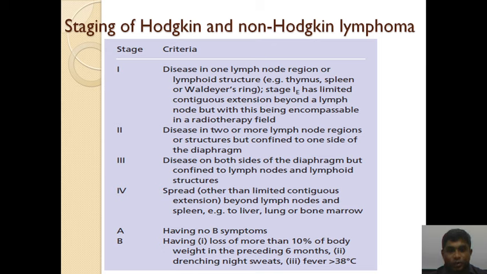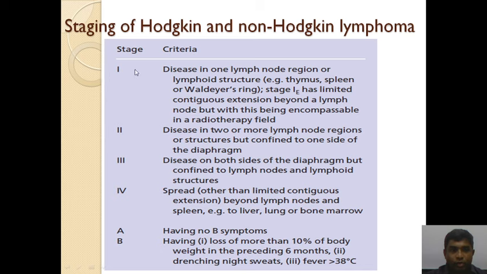The most commonly used staging classification is the Ann Arbor classification. This is commonly used for both Hodgkin's and non-Hodgkin's lymphoma. When you say non-Hodgkin's lymphoma, the CLPDs are a broad category within this, and the stages are from stage 1 to 4, and then we have the subgroups A and B.